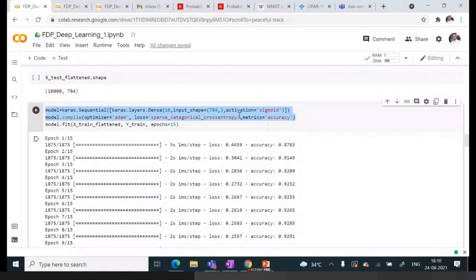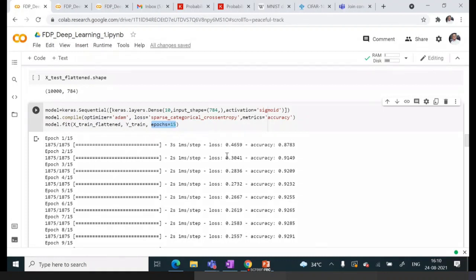These parameters are important. Now we will call model.fit and provide the data. The data is stored in the array x_train_flatten, and the corresponding correct labels are in y_train. Here we need to specify how many iterations are required. I am saying 15 iterations, 15 epochs are fine.